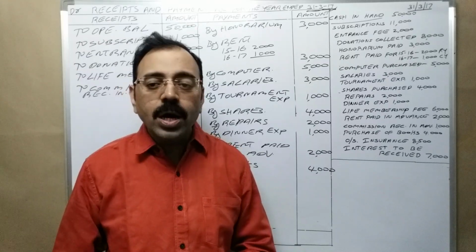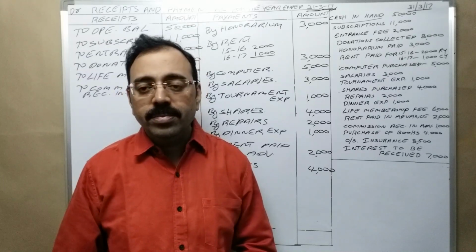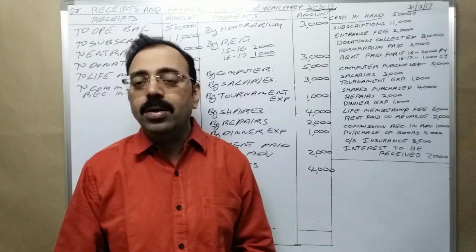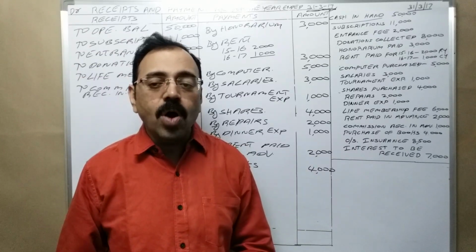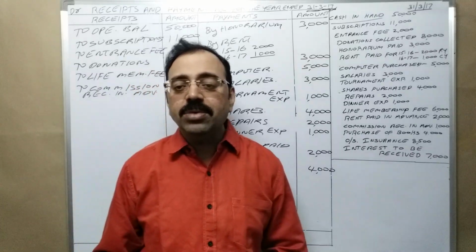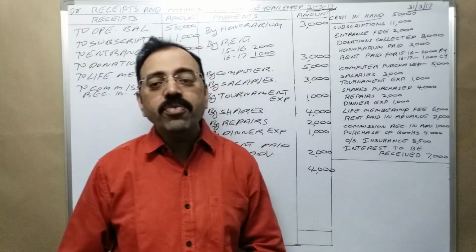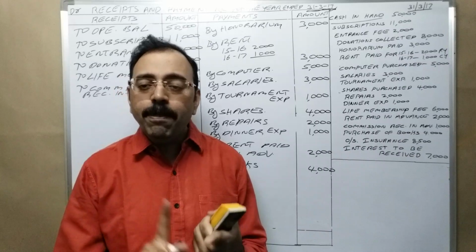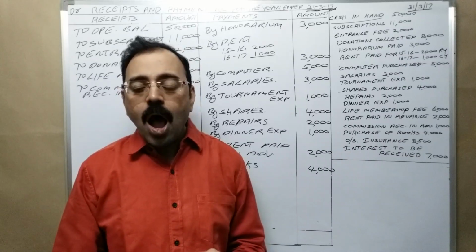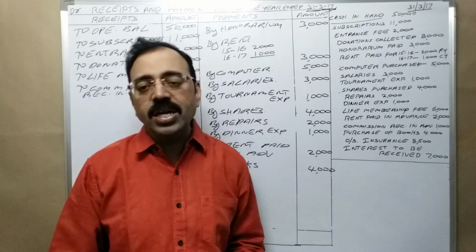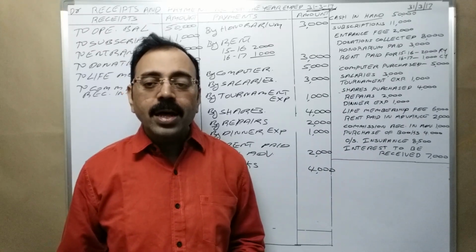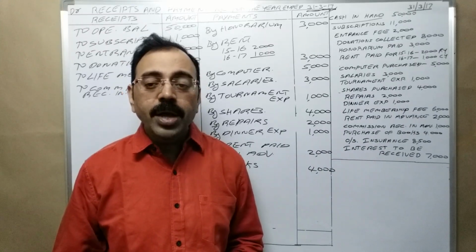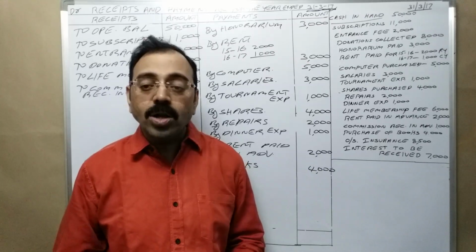We don't record payable or receivable amounts. But in the accrual system or mercantile system of accountancy, not only paid expenditure, outstanding expenditure also we consider. Not only received income, receivable, meaning accrued income, also we consider.